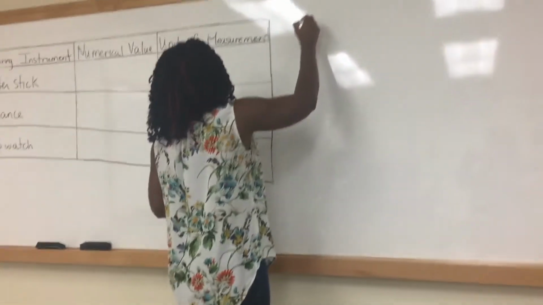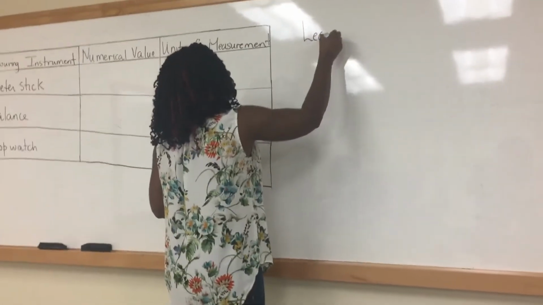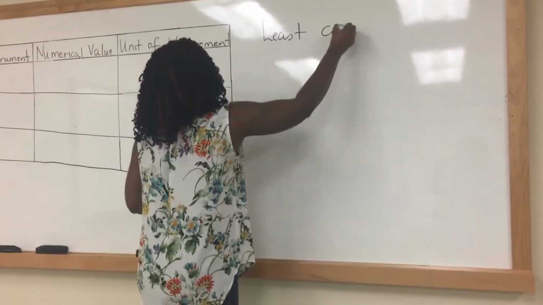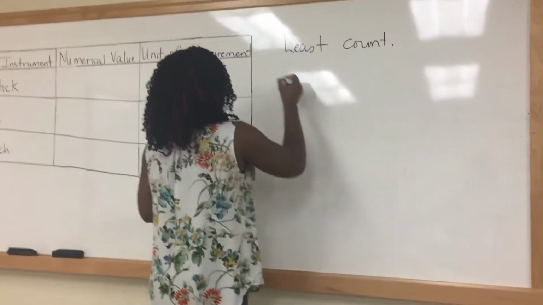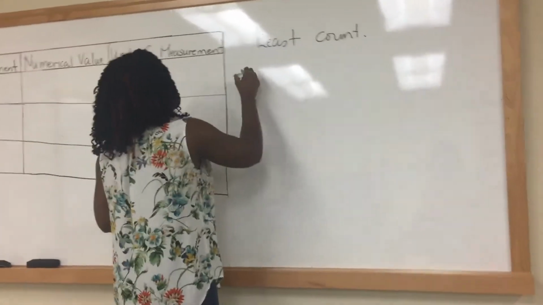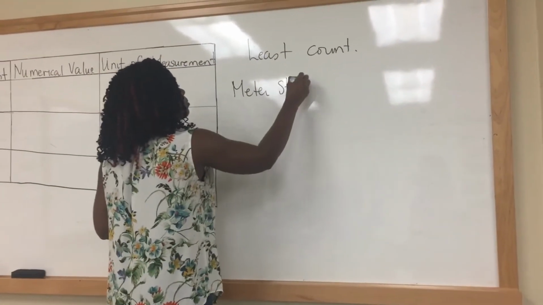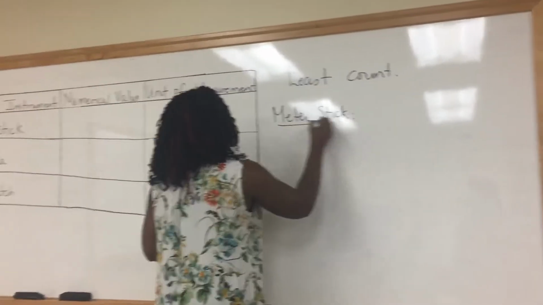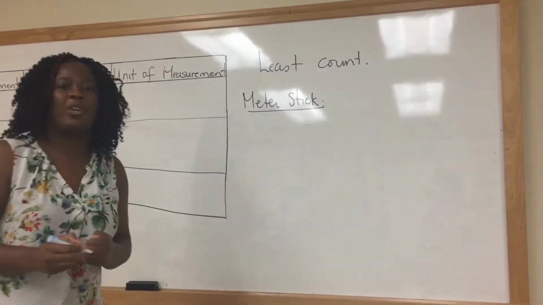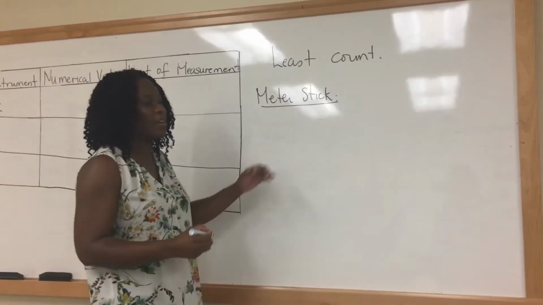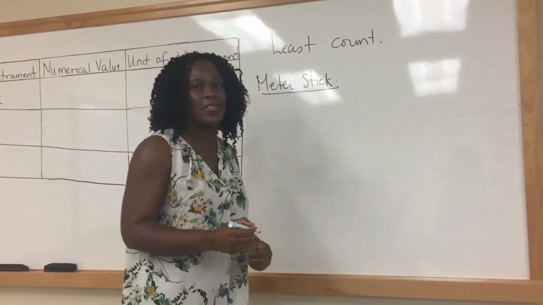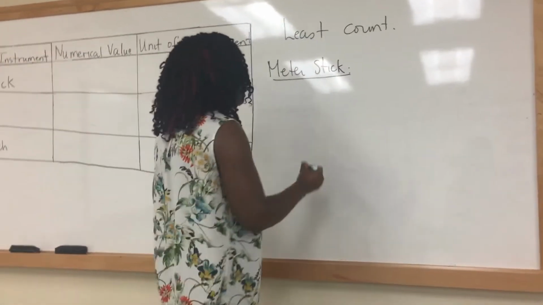Now on the board, I'll be putting an equation to show you how to calculate least count. Take any 2 intervals on your meter stick, and I decided that I was going to take 38 centimeter and 39 centimeter.